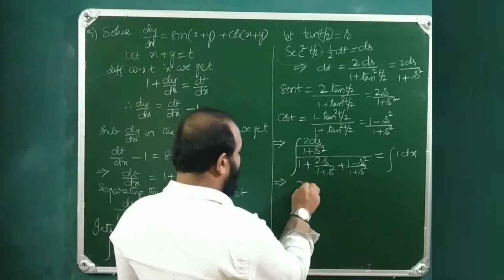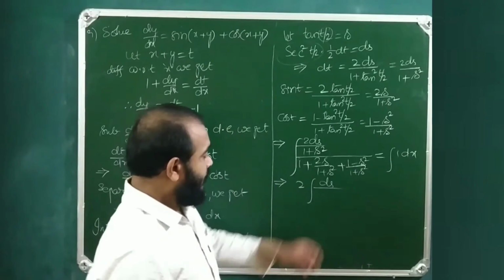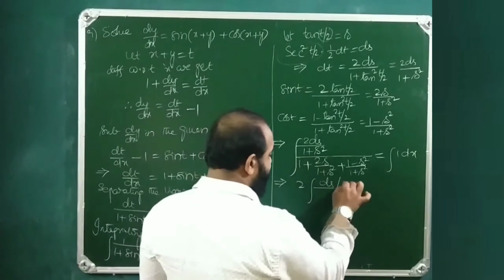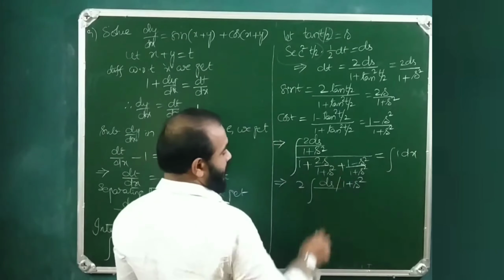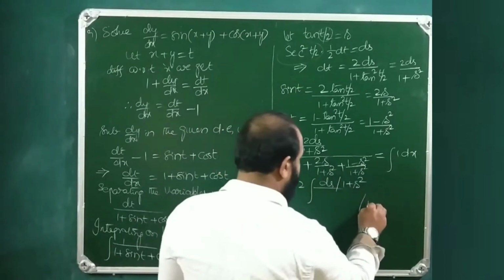So this is equal to 2 ds by, the LCM is 1 plus s square.